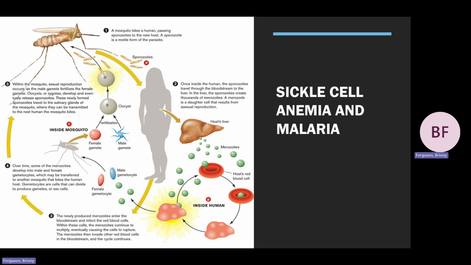Then they enter the bloodstream, they infect those red blood cells, and eventually they continue to multiply, causing red blood cells to rupture. Once this happens, they spread throughout the bloodstream and just attack more and more red blood cells.